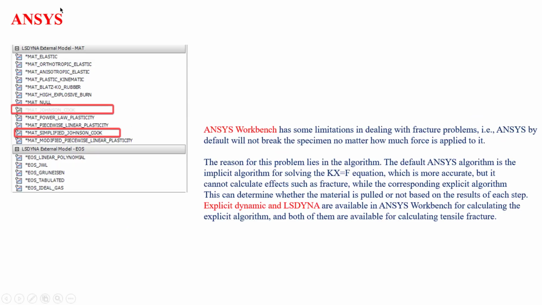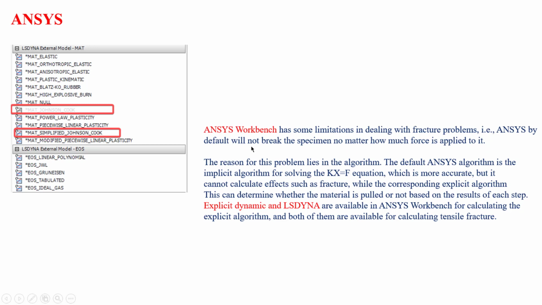Now when it comes to Ansys, again for ductile material it takes the simplified Johnson Cook. For durability analysis, the fatigue, it will consider the power law plasticity. Ansys Workbench, the normal one we are using, doesn't deal with fracture problems because it has some drawbacks.